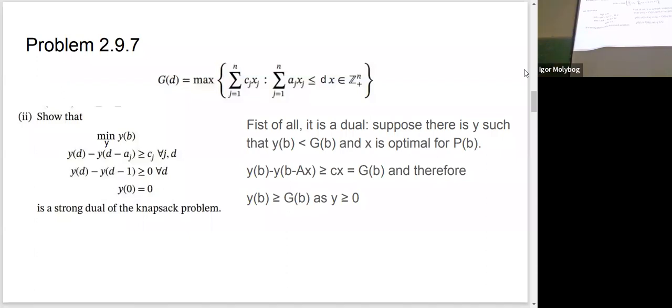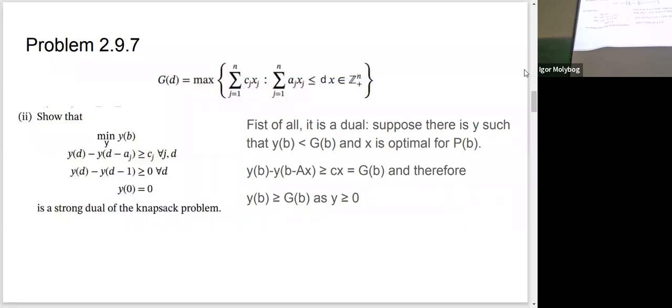And this is already something that we have obtained. Now we would like to add these terms to our mesh. So we write down the inequality y of b minus 2a1 minus y of b minus 2a1 minus a2 is greater than or equal to c2.